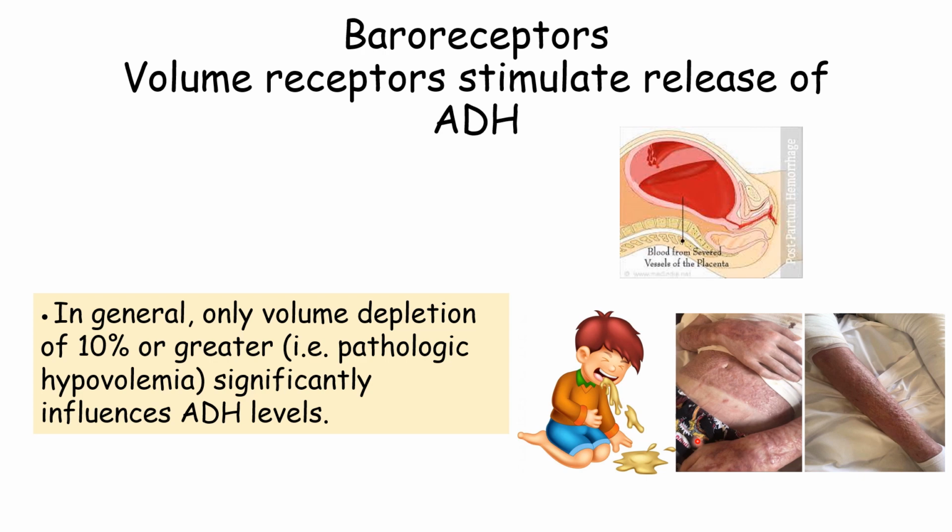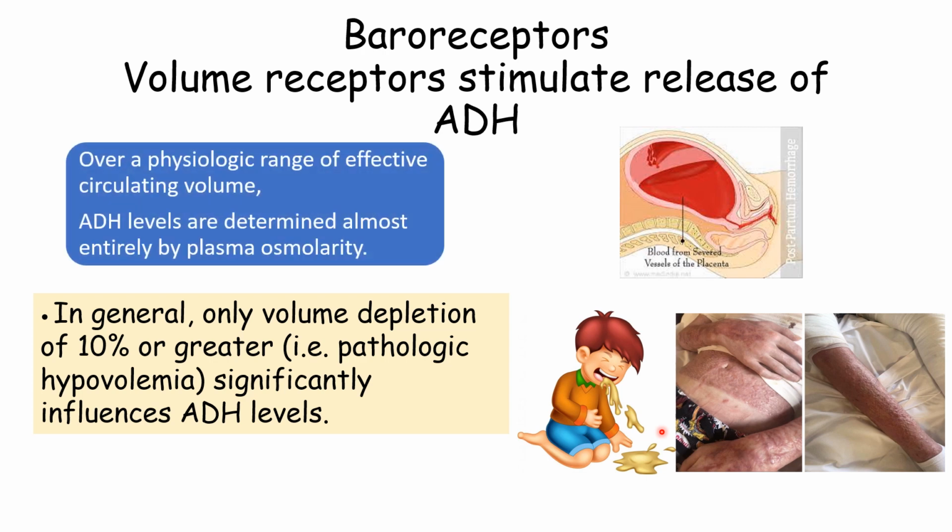It tends to cause the stimulation of ADH. In general, this doesn't happen, but it is linked to pathological hypovolemia. Over a physiological range, the effective circulatory volume is normal, so ADH is mainly determined by the plasma osmolarity. These conditions are pathological, whenever there is more blood loss.